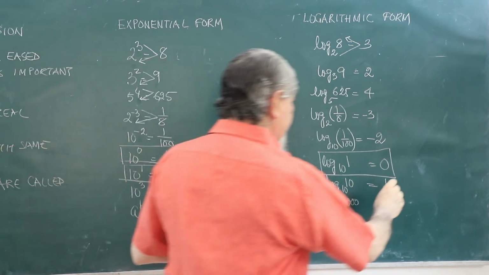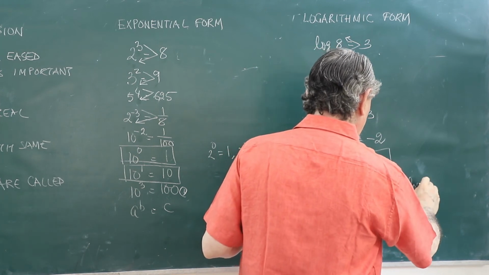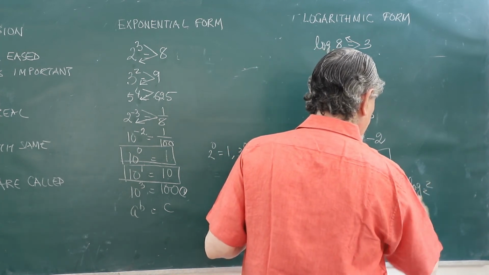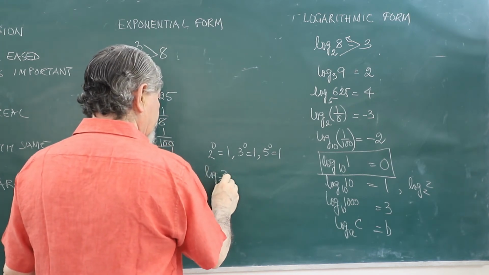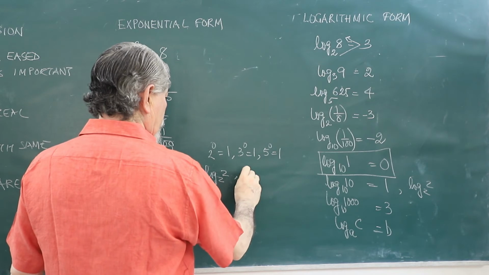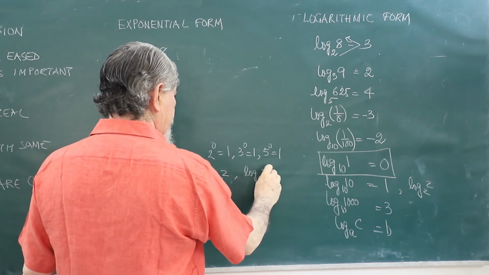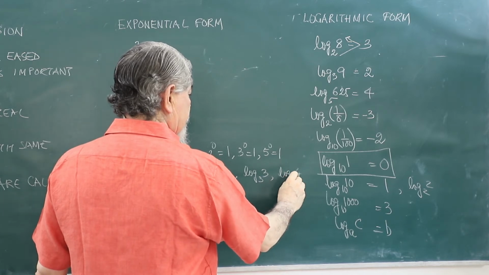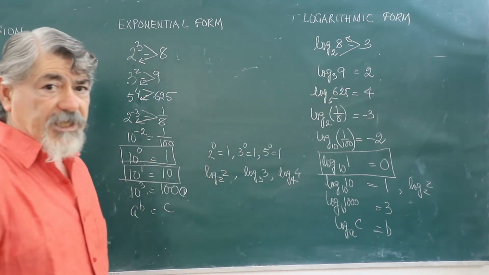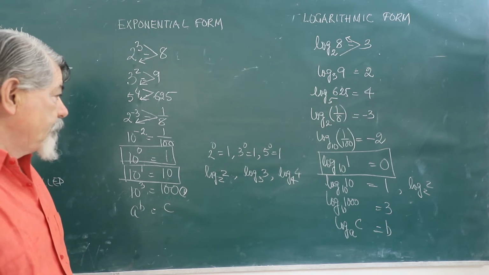For example, if I write log 2 to the base 2, or log 3 to the base 3, or log 4 to the base 4, what will be the number which I will obtain? How do I get that?